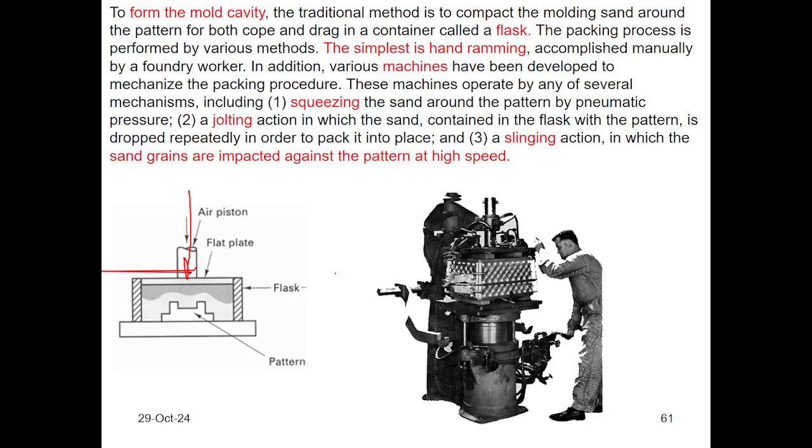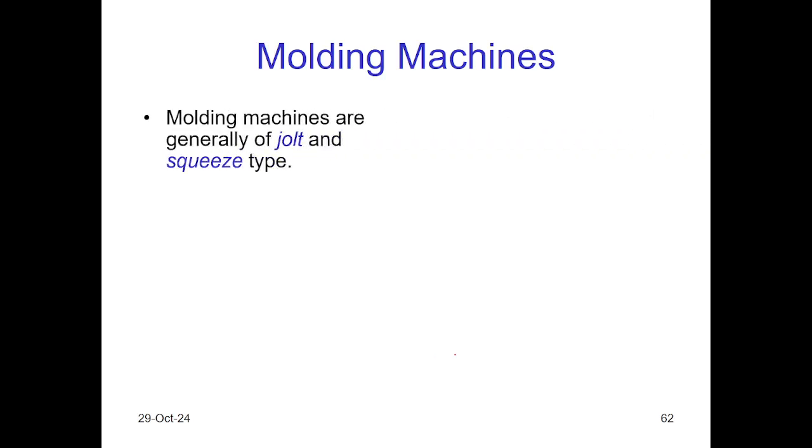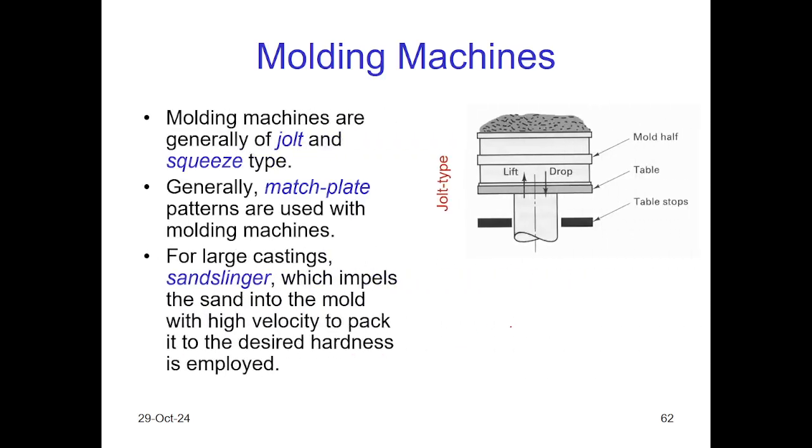Or in industry we use mold preparation machines, mold machines. As illustrated in this photograph, on the table we have the flask. The mechanism of the machine can lift the flask and then drop the flask onto the table.